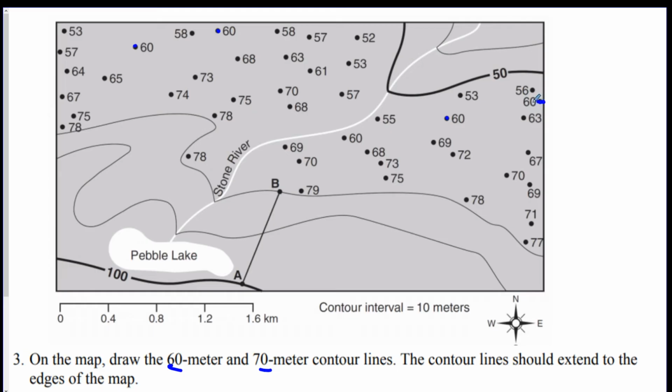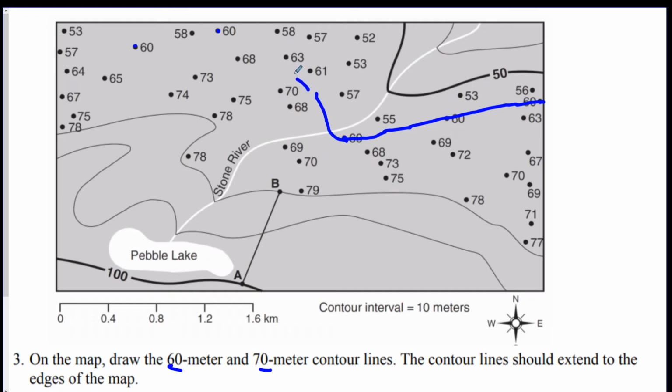So here's 60, and I'm going between 56 and 63 to get this 60. There's one here, so I have to get from here to there. I'm going to go between 55 and 69, between 55 and 68, and get that 60. Then I'm going to go up between the 57 and the 68.